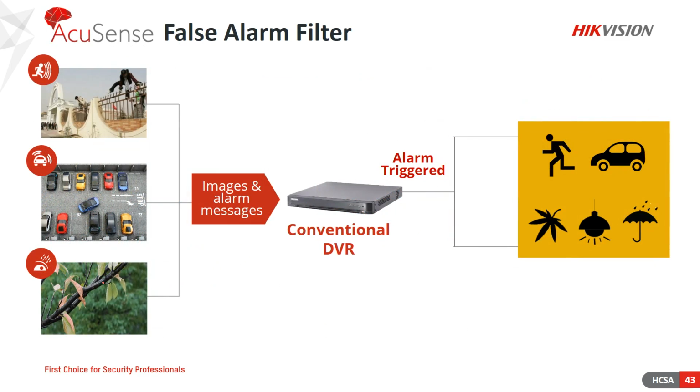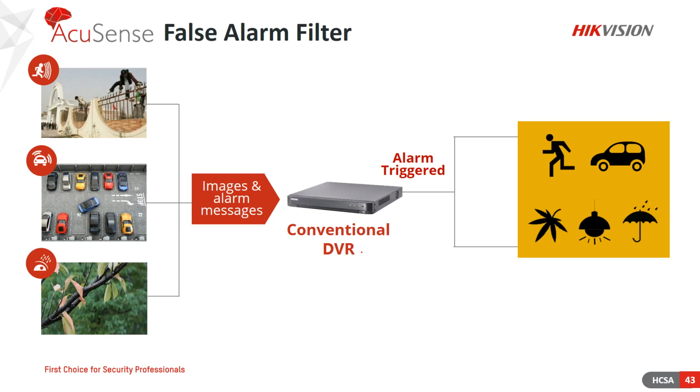Like the leaves or the dogs or the cats, it's going to trigger the event. The DVR is going to record, but it's not going to pop up the alarm.